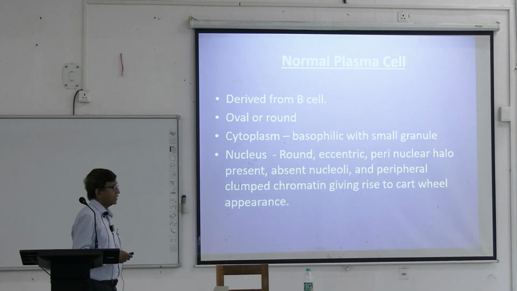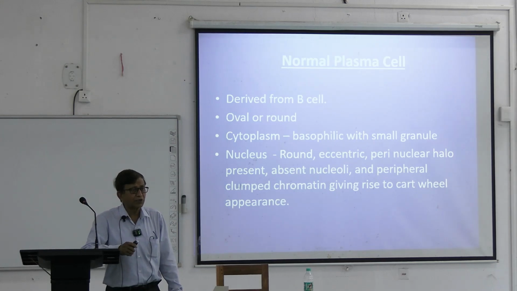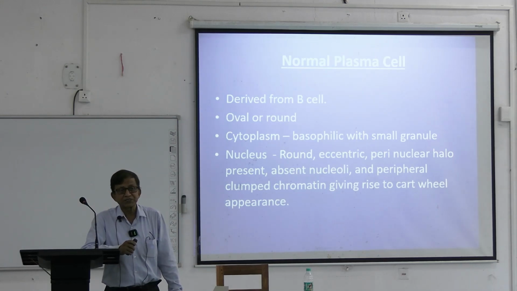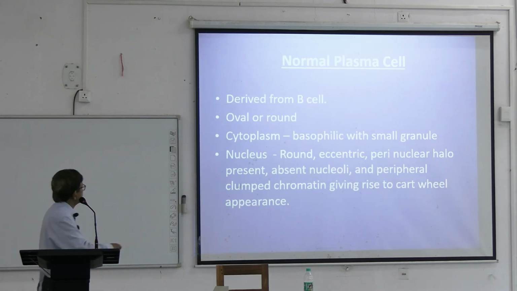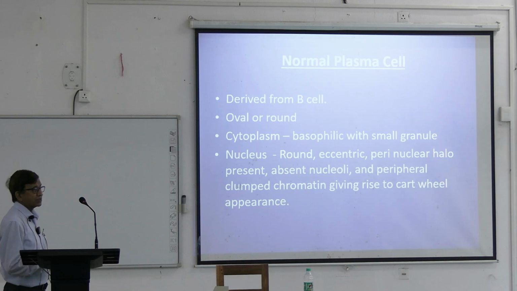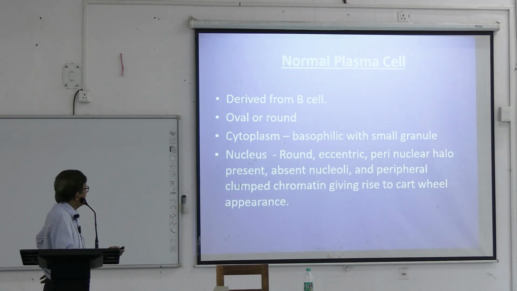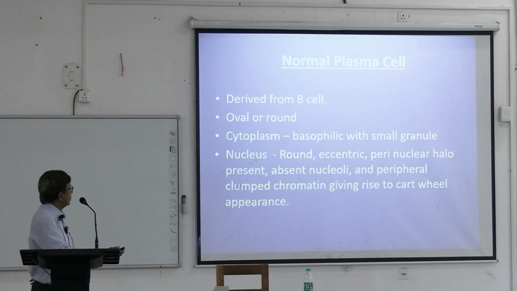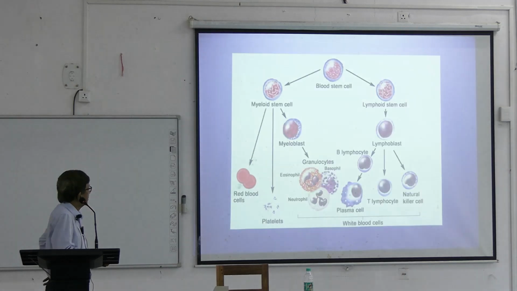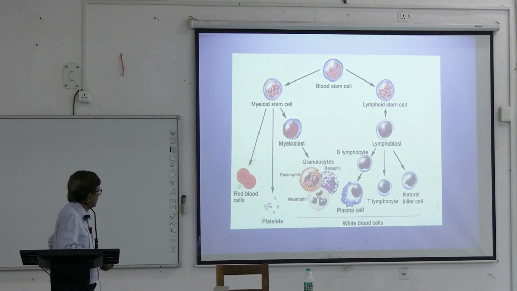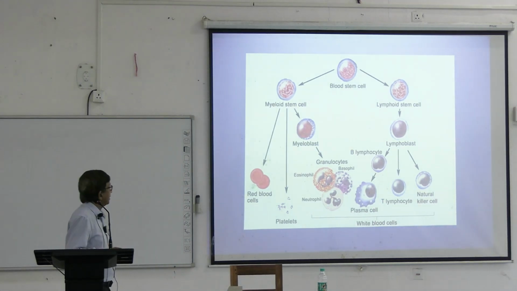A normal plasma cell, in your undergraduate examination, we generally ask how a normal plasma cell looks. We ask you in the viva. So it is round, the cytoplasm is basophilic, the nucleus is round and eccentric, with a perinuclear halo, absent nucleoli, and cartwheel appearance of the chromatin. These are there in every book.